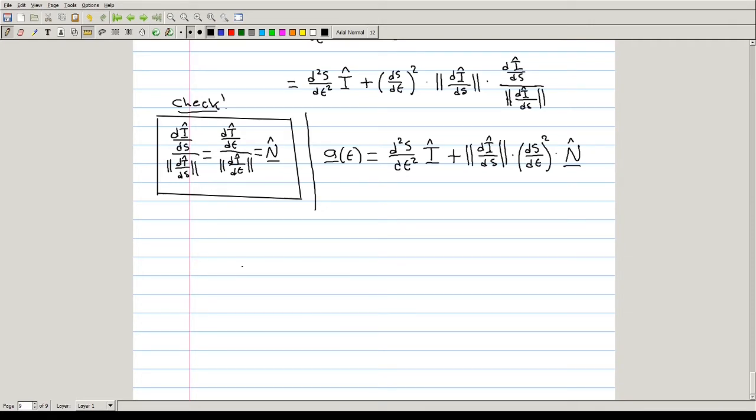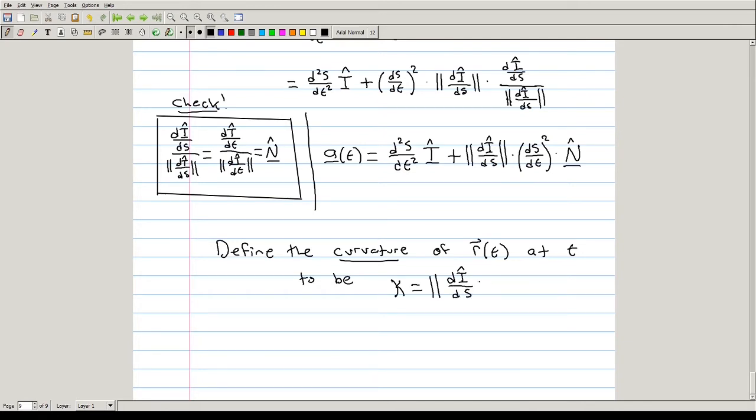We can define the curvature of the curve r of t at point t to be the magnitude of the rate of change of the unit tangent vector with respect to arc length.